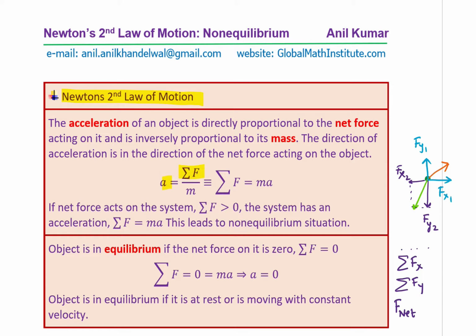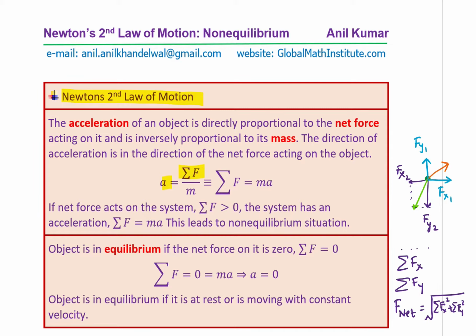The magnitude of this force will be equal to the square root of the sum of the forces along the x direction, squared, plus the sum of the forces along the y direction, squared, correct? So that becomes the magnitude of this particular net force, correct?